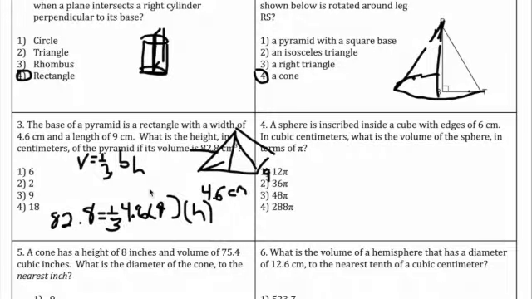Okay, so we have 82.8 equals 13.8 h. Now we can see that this is the coefficient of h, so we're going to divide it out. Divide both sides by 13.8.